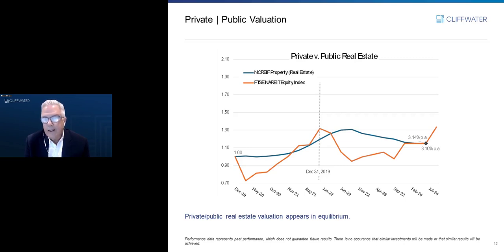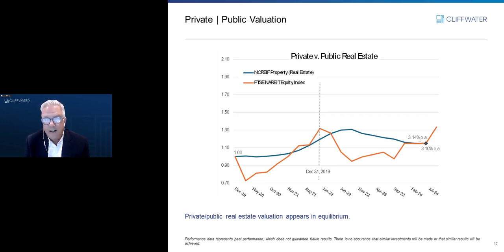I've been saying for the last couple of years, you should be cautious about investing in private real estate, particularly with legacy values. I don't know, I think I can no longer say that with conviction.